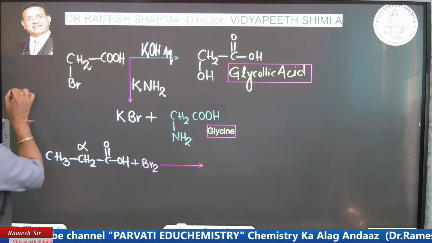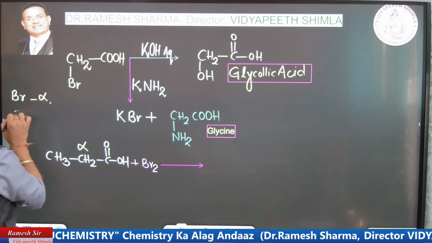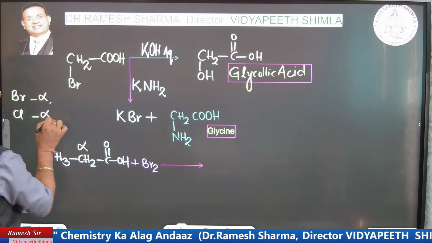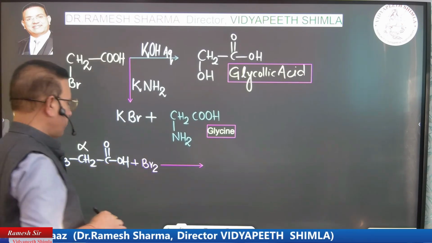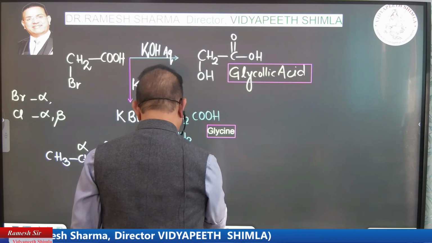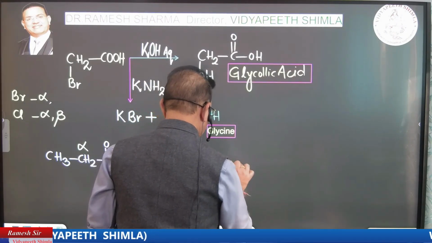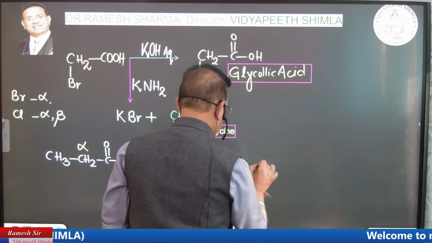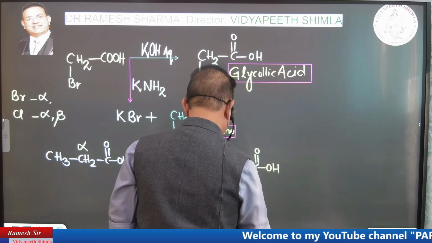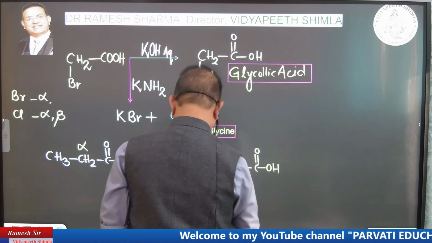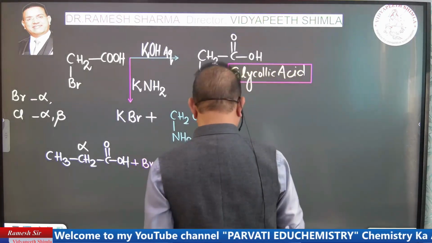If it is chlorine, it occurs at alpha and beta, both positions. So by doing this in presence of red phosphorus, we are getting 2-bromo propanoic acid.